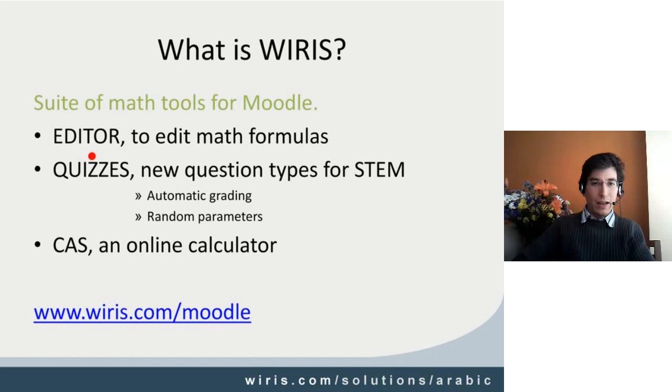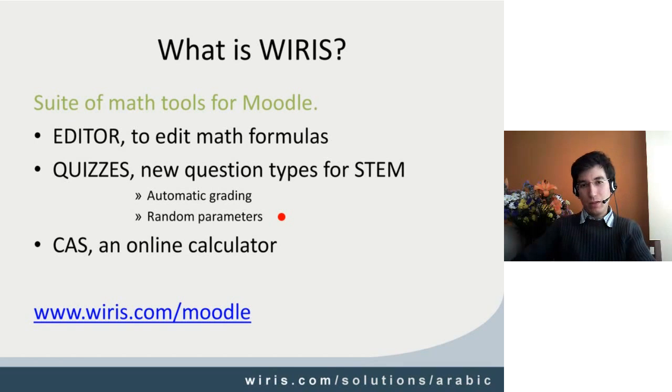improvements. The second one, we call it WIRIS quizzes, and it is actually a very smooth integration into the quiz module in Moodle. What we do is we create a new question type that reproduces all of the question types.